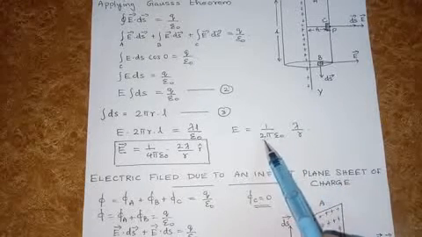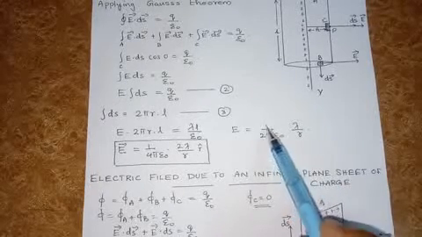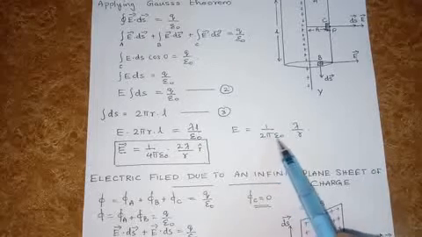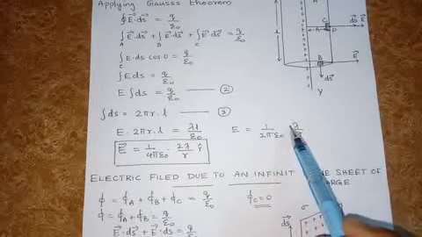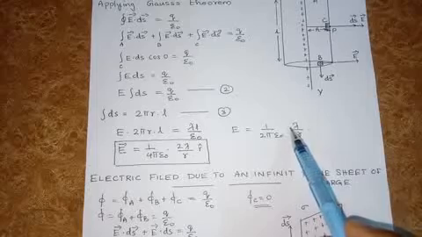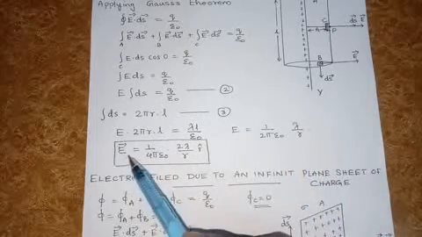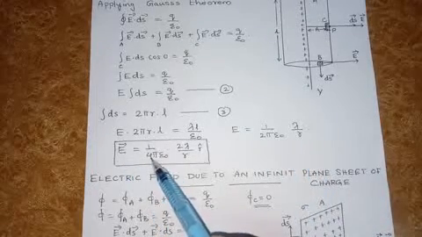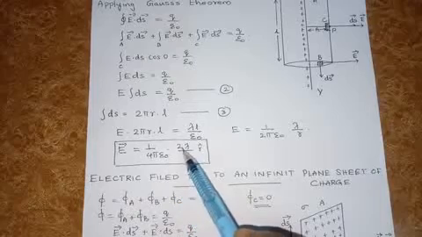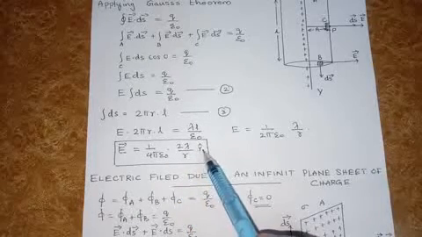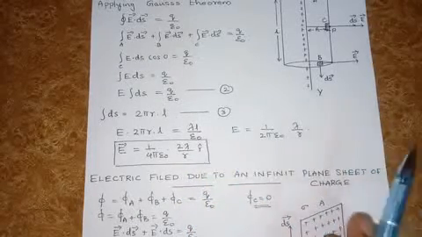I can multiply and divide by 2, then this quantity becomes 1 by 4 pi epsilon 0, and multiplying by 2 here gives 2 lambda. So the result will be E is equal to 1 by 4 pi epsilon 0 into 2 lambda by r in the unit vector r, because electric field is a vector quantity.